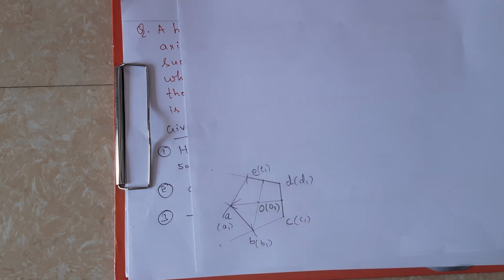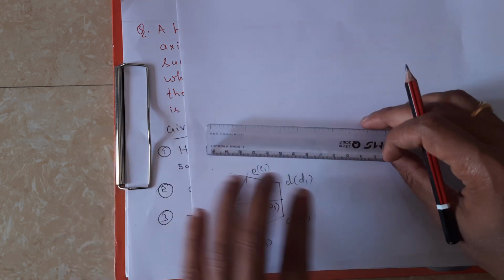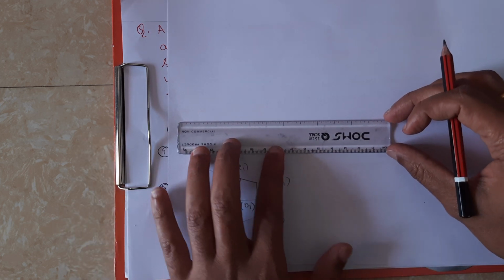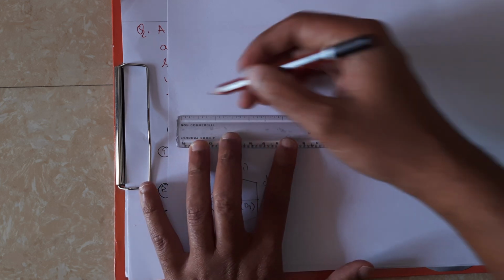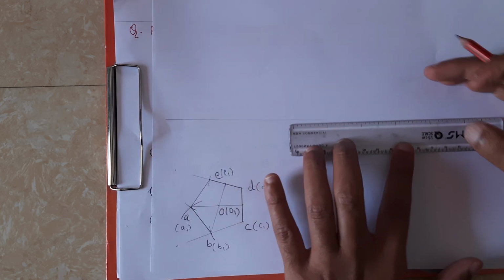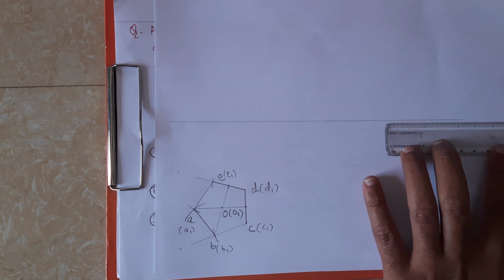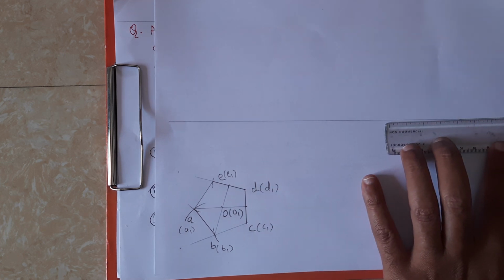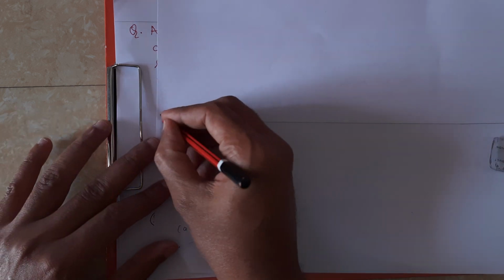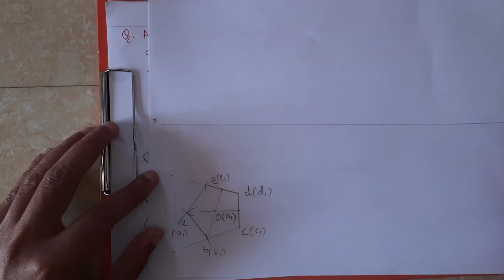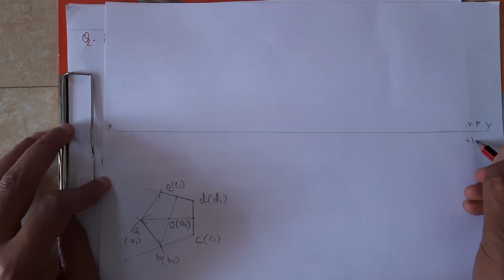Whatever is invisible must be inside parentheses. What next? Next I am going to draw the XY line. So this is X and this one is Y, with VP and HP.